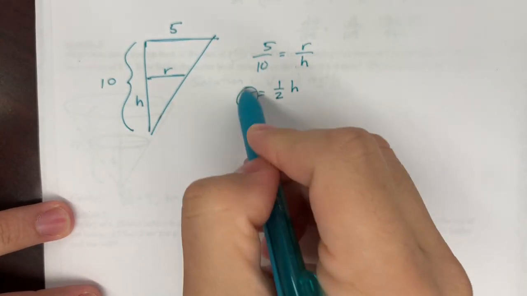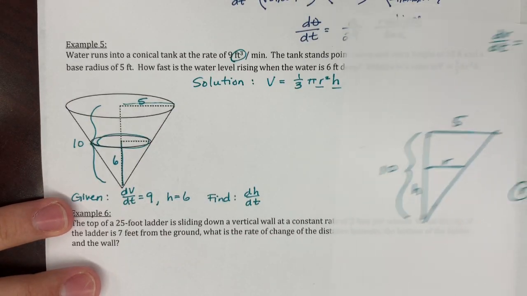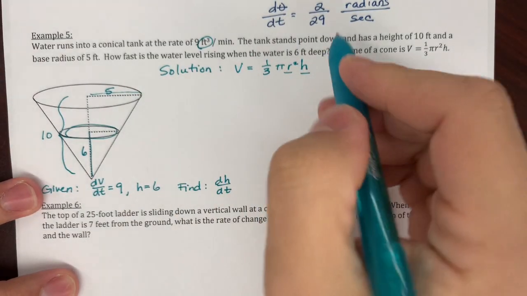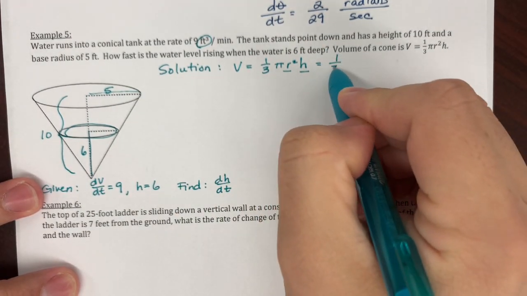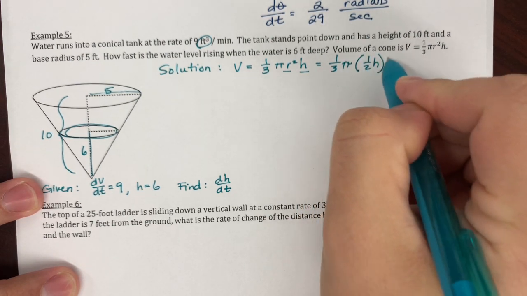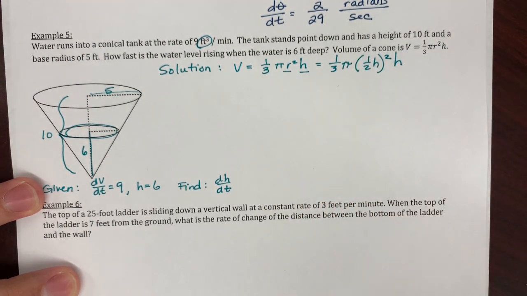So if I know that this is equal to that, I can just go ahead and substitute 1/2 h in for r. So I know that volume is also equal to 1/3 pi times (1/2 h) squared times h, right? So I'm just going to rewrite my formula.